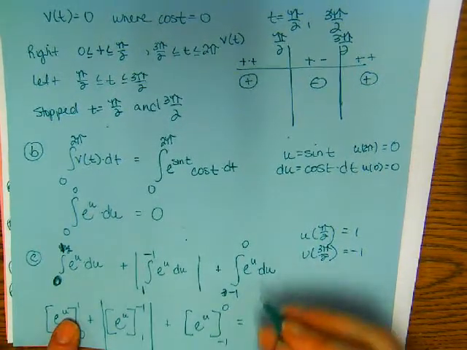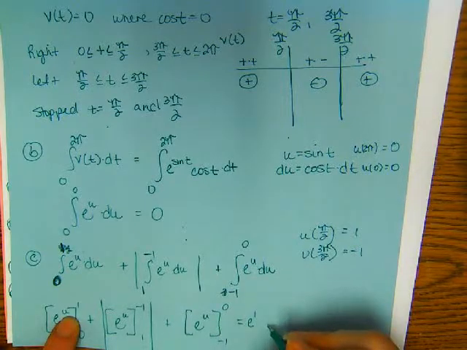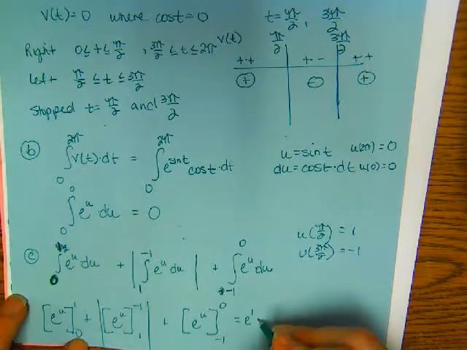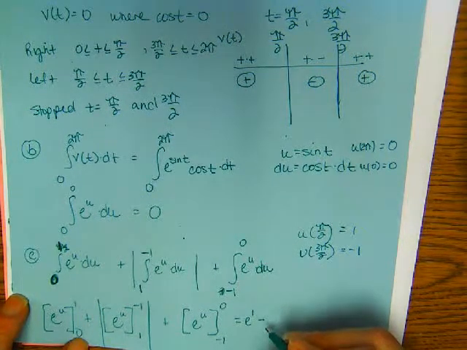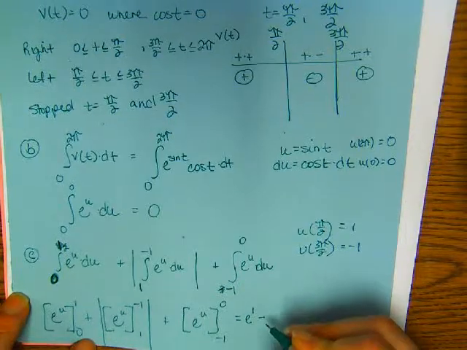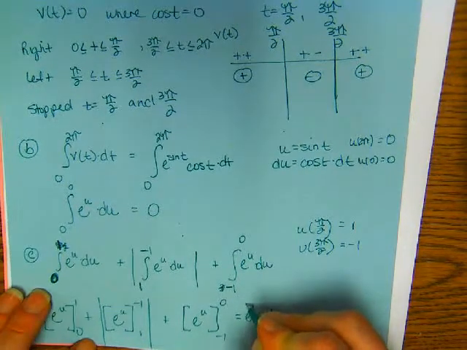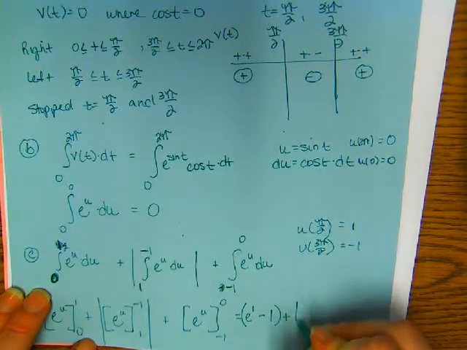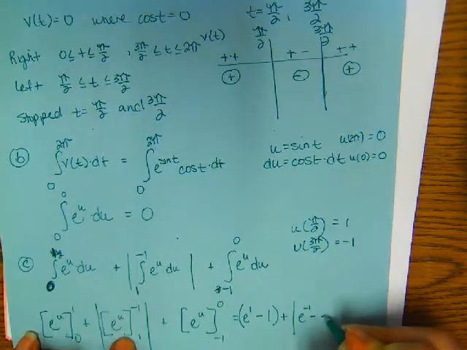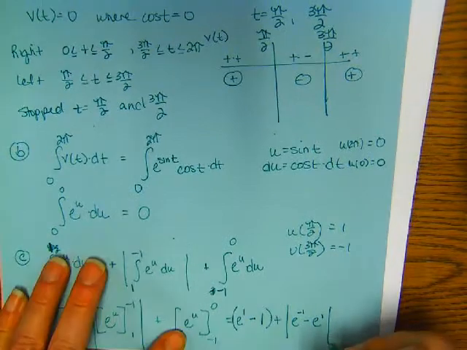Okay, let's write it all out. This is e to the first minus e to the 0. What's e to the 0? 1. Okay. Plus e to the negative first minus e to the first.